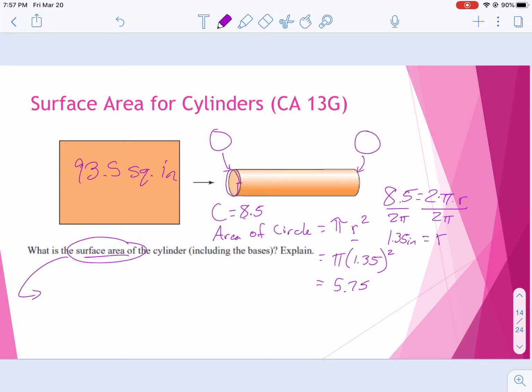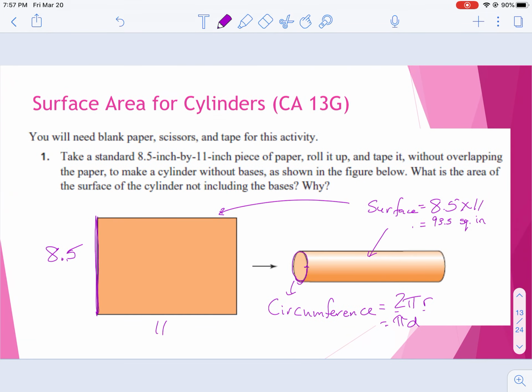So my surface area is going to be 93.5 plus 2 times 5.75. Why did I take 2 times 5.75? Hopefully you said because we have 2 circles there. Times 2 plus 93.5. Final answer then is about 105 square inches.